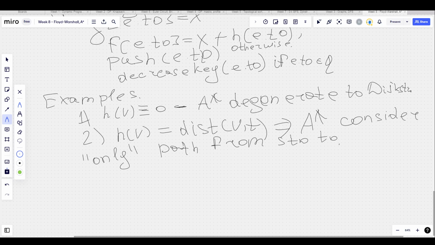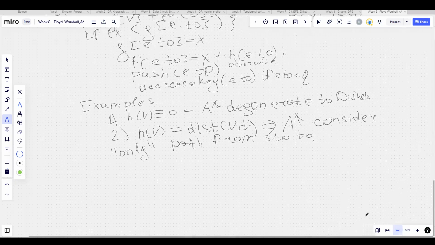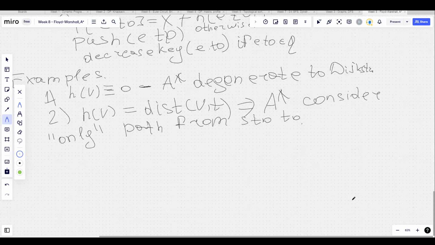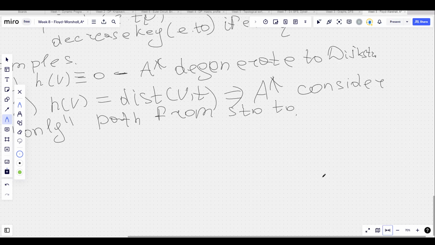Because in any case we consider edges, not only the path but edges too.